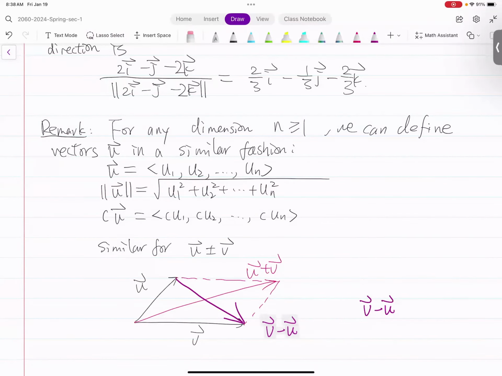Why is it v minus u? v minus u is saying we have v, and we go along the negative u direction. Head minus tail. That's very important. All right, so this gives us the end of this long section 13.1 and 13.2.